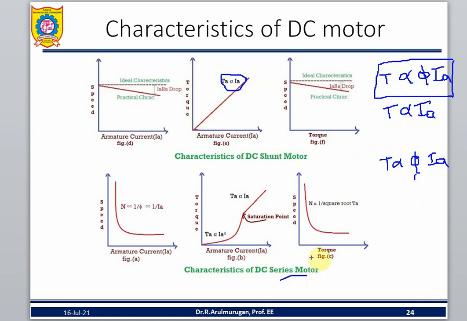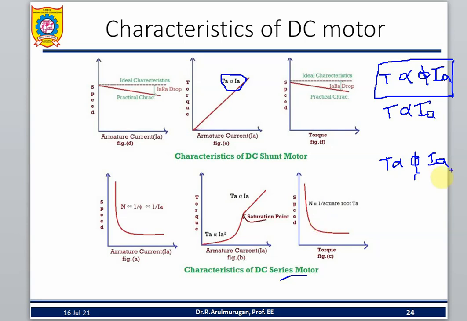One more question. Which motor has constant flux? Shunt motor or series motor? Flux is constant means that is called a shunt motor.